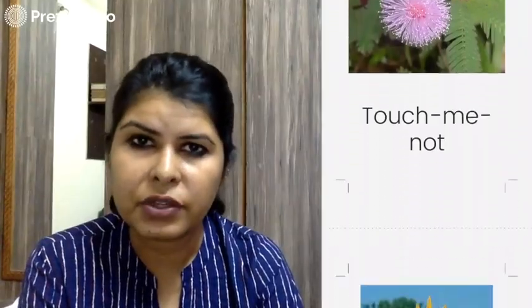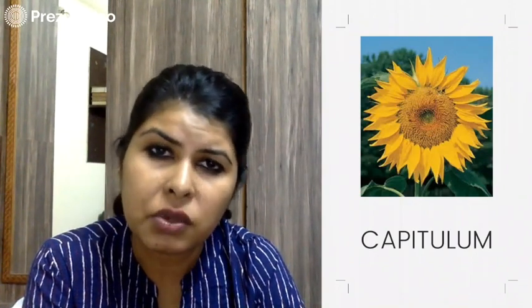The next inflorescence is the capitulum type of inflorescence. Now this inflorescence is a characteristic feature of the family Asteraceae. This family is considered to be one of the most successful families in terms of evolution, and one of the characteristics because of which this family is so successful is its inflorescence, which is capitulum.